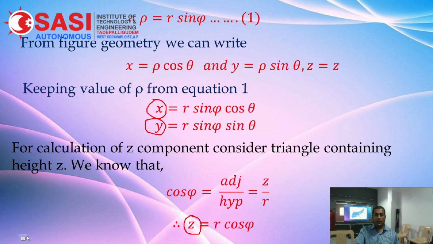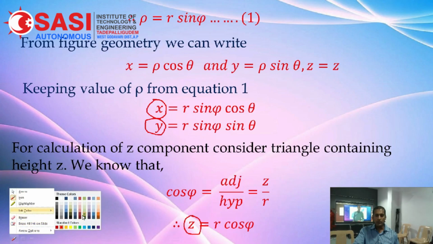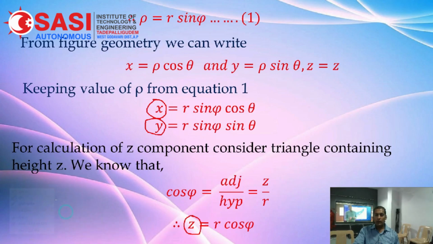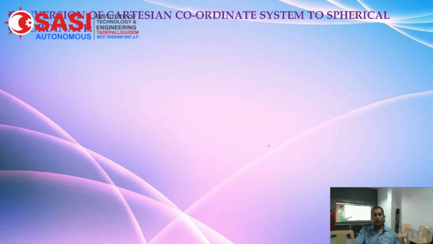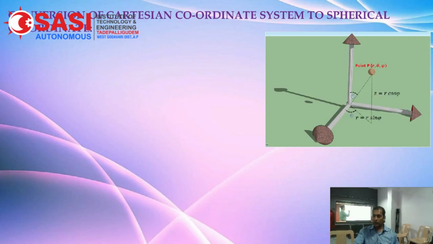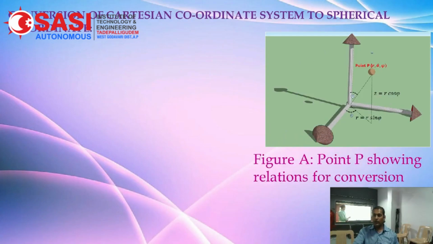And we are converting them into the form of r, phi and theta, that is nothing but conversion to the spherical coordinate system. So this is what we do in conversion. By using the geometry of the figure we can find out the various relations. Like here we can see where point P is showing the relation for conversion.